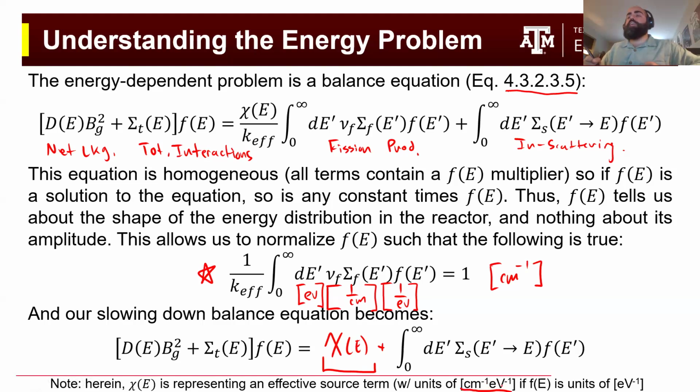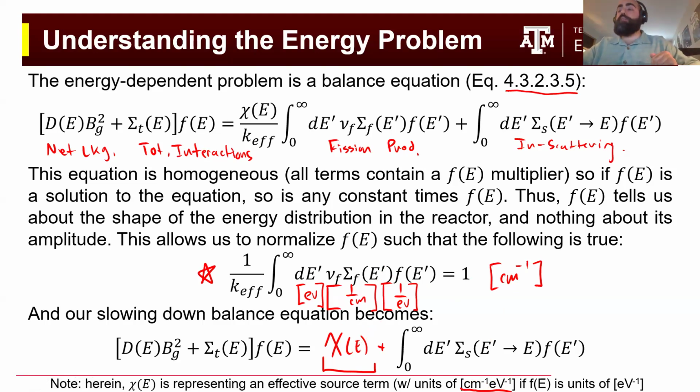Chi of E by itself has units of inverse energy, and as we go to this form, it picks up an extra inverse centimeters, because of this normalization condition having some units baked into it. So hopefully that makes sense.